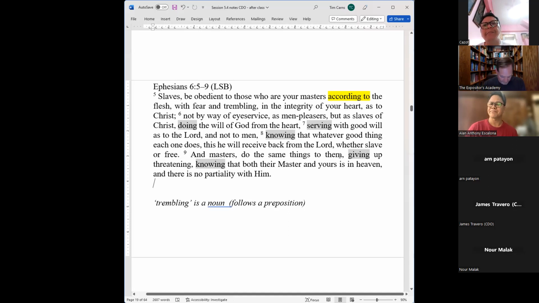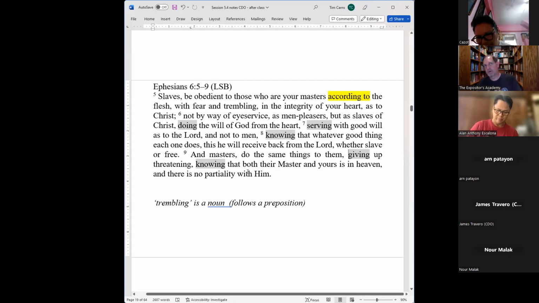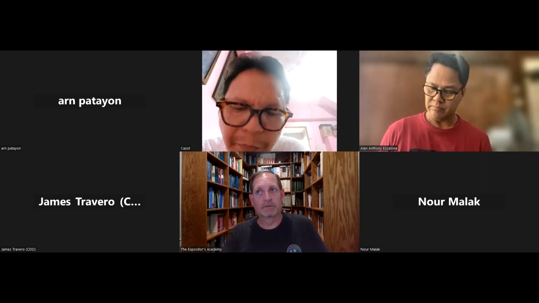Okay, good. Now, by the way, participles are very common in the New Testament. Participles are very often used in Greek, and do have similar functions to participles in English.